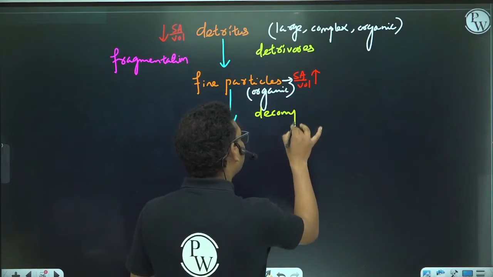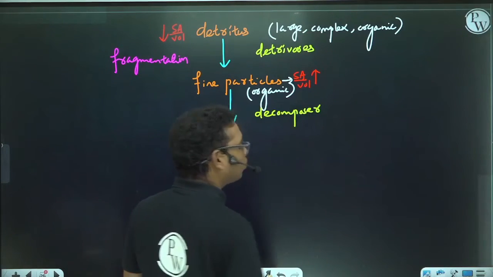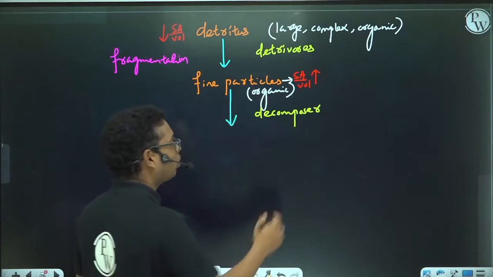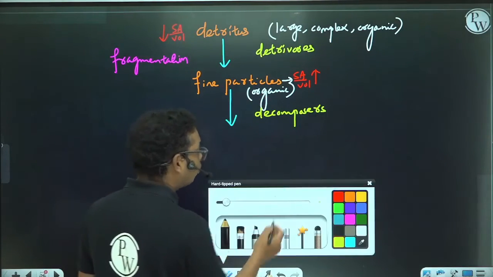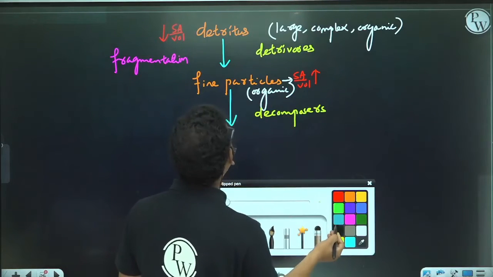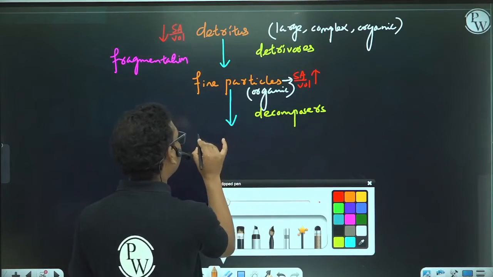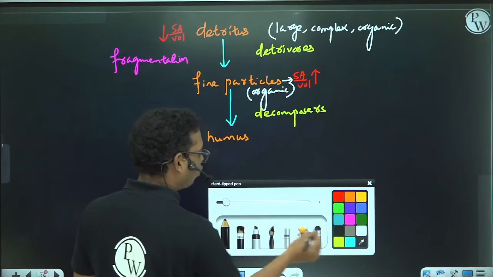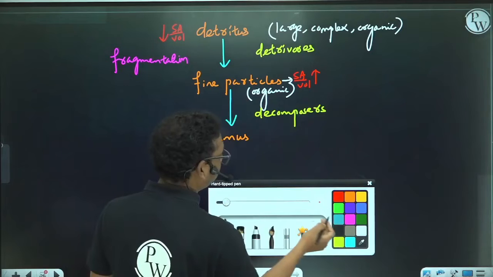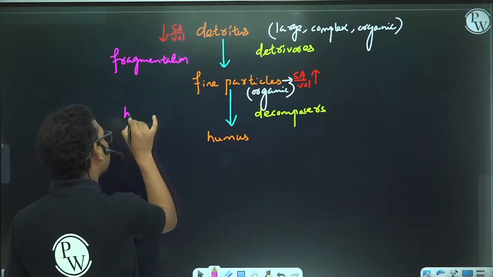So in the second step, the decomposers play their role, not in the first step. Now these fine organic particles will be converted into humus. This process of formation of humus from the fine particles is called humification.